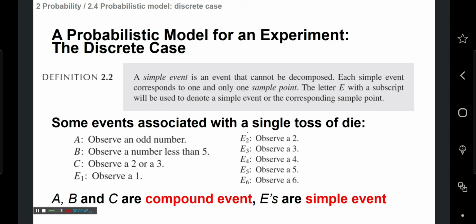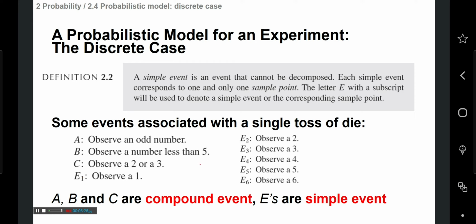A simple event is an event that cannot be decomposed. Each simple event corresponds to one and only one sample point. The letter E with a subscript will be used to denote a simple event or the corresponding sample point. So a simple event contains only one sample point. From the previous example of a single toss of a die, E1 to E6 are simple events.